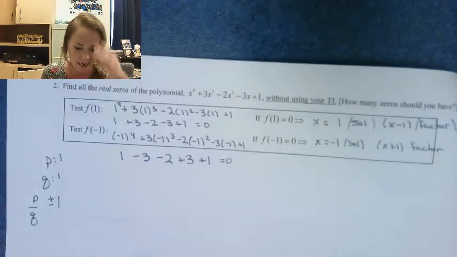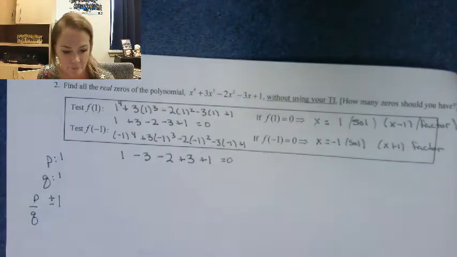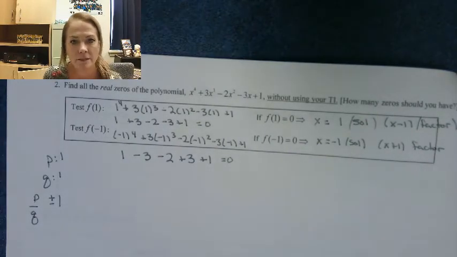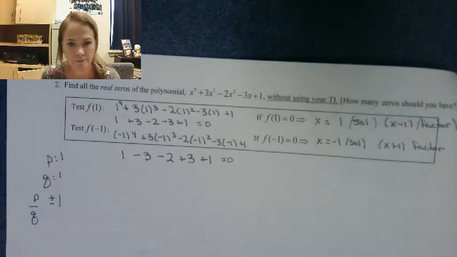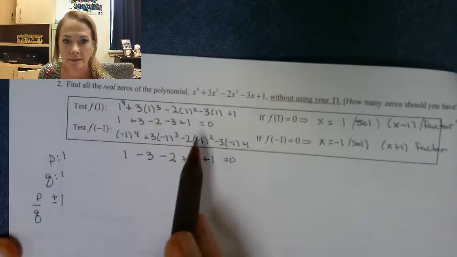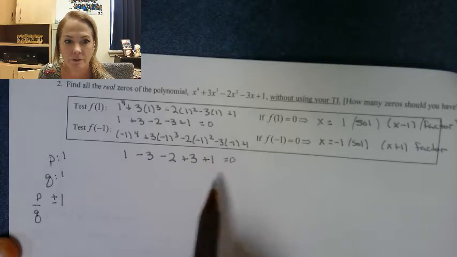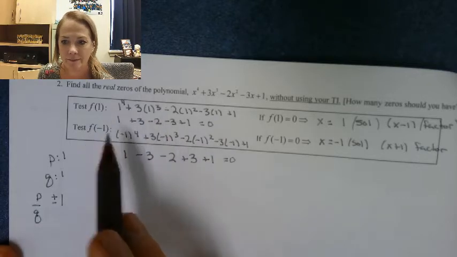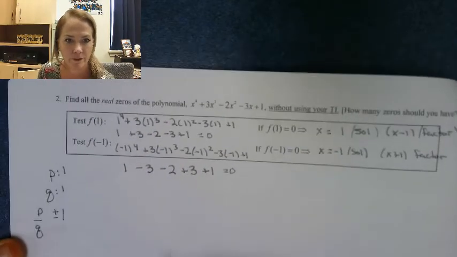Okay, but what this did not do for us is reduce me down to a quadratic to solve the other ones. So this is just reminding you that you can get a hit of a 0 by plugging it in, but it doesn't really help you reveal the quadratic.